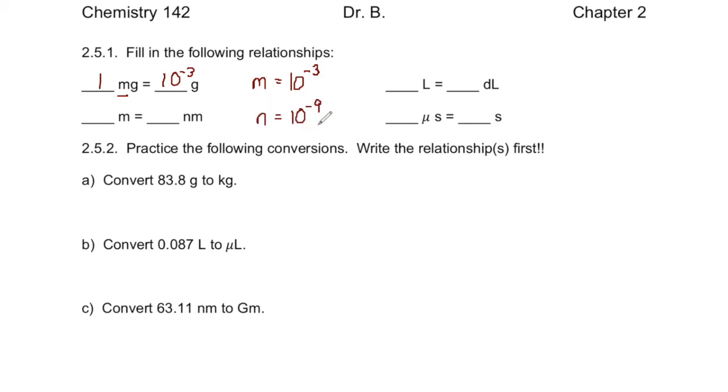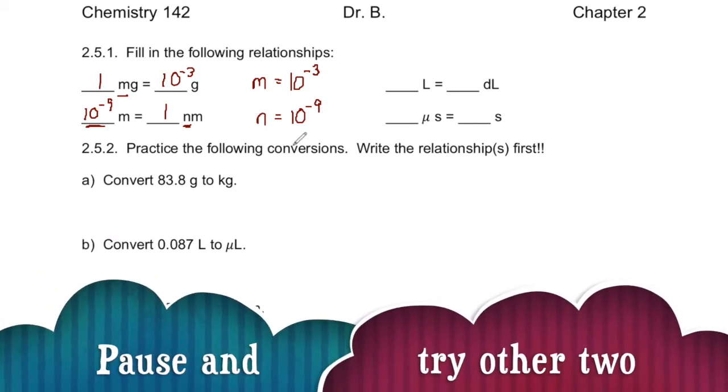Nano equals 10 to the negative 9. One side will have the prefix, the other side will have the power of 10. 1 nanometer equals 10 to the negative 9 meters. If you put the power of 10 into the wrong blank here, you'll end up with a relationship that is not true. You need a relationship that's true in order to do a correct conversion.